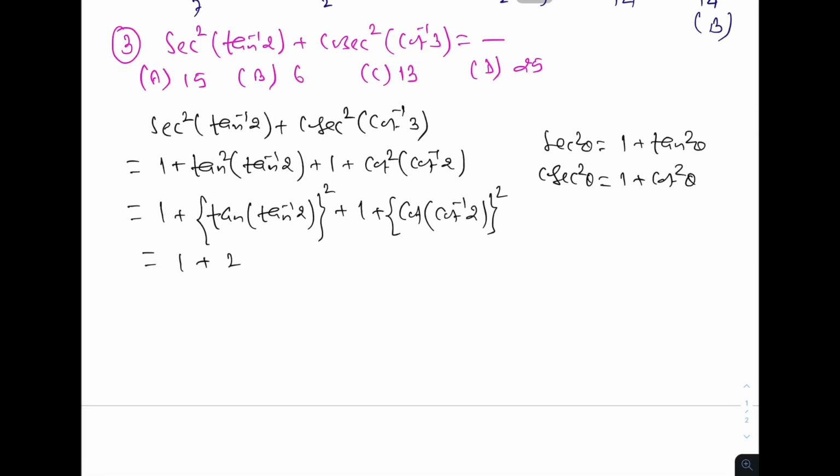So this is 1 plus 2 square plus 1 plus 3 square, and that is nothing but 15. So the answer is 15.